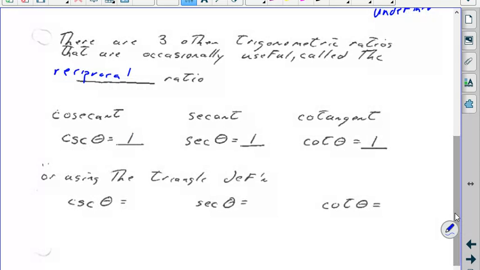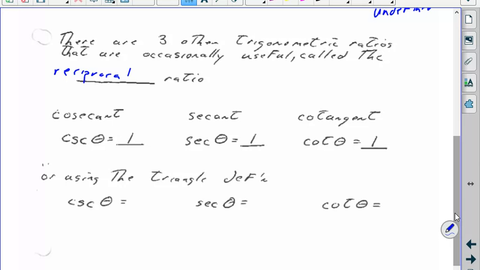Now, they are somewhat hard to remember sometimes. They're given to you on your formula sheet, but I got through high school remembering there's 1 C per pair. In other words, only one of them starts with a C in each pair.